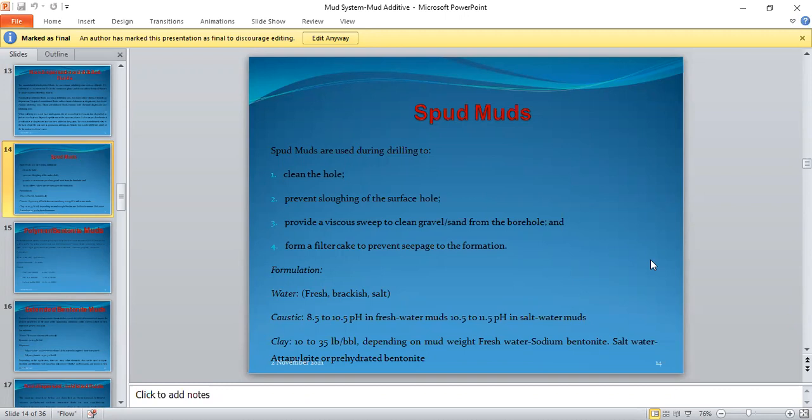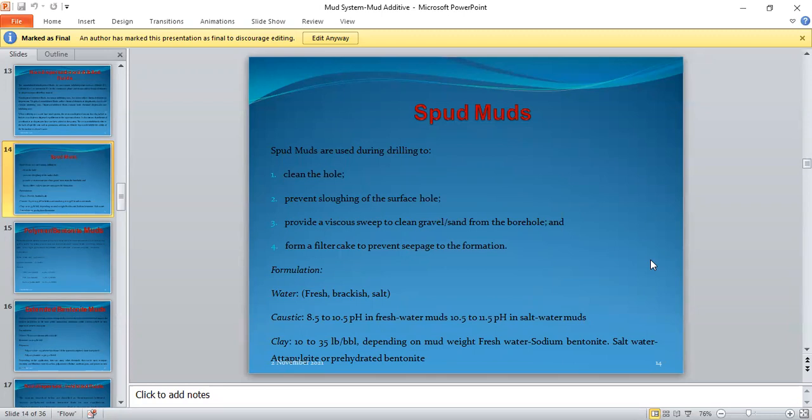If you're drilling in the Middle East, America, or Africa, what amount of clay are you going to put in one barrel of mud? You want to mix one barrel. Here, it tells us to put 10 to 35 pounds per barrel, depending on the mud weight.